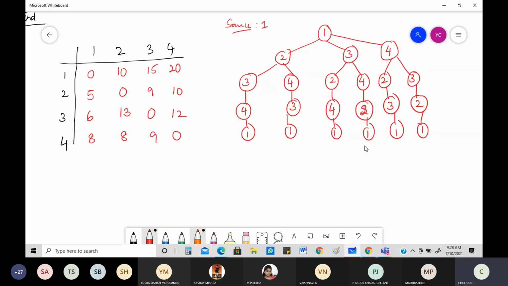Traveling salesman. So for that, just now I talked to you about the general formula of it. What was the general formula? The general formula came like this.